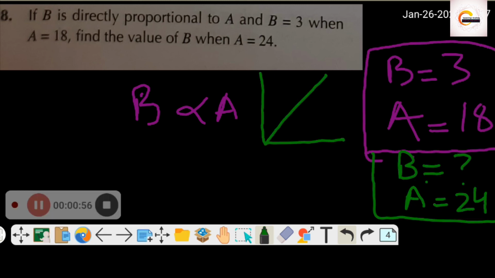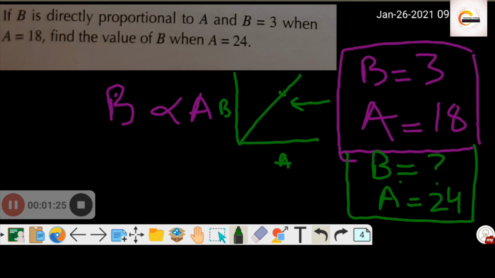When B is directly proportional to A, it's going to be a straight line whose one point is B equal to 3 and A equal to 18. And what should be the value of B at the point when A is equal to 24?